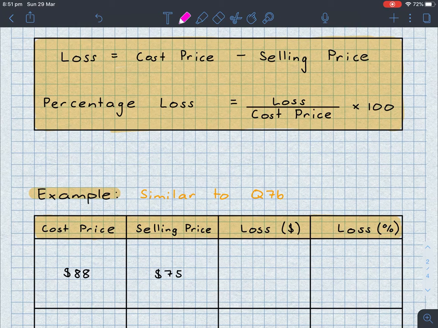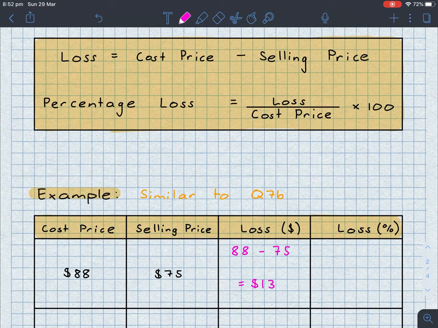So again, loss is just one number minus the other. So if we do 88 take away 75, that gives us $13 that we've lost off the original price.